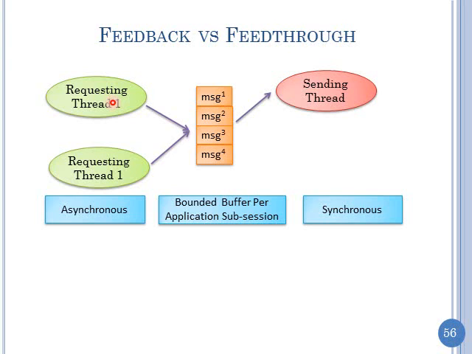So that's a good point. We need one sending thread per application subsession, okay? And if we are doing peer-to-peer computing, per user. So what Nick is hinting is that we can have separate threads for separate users.